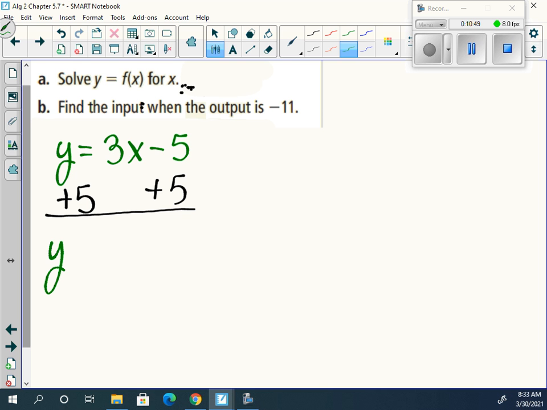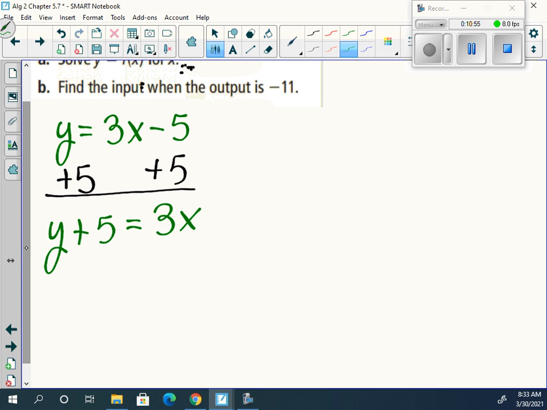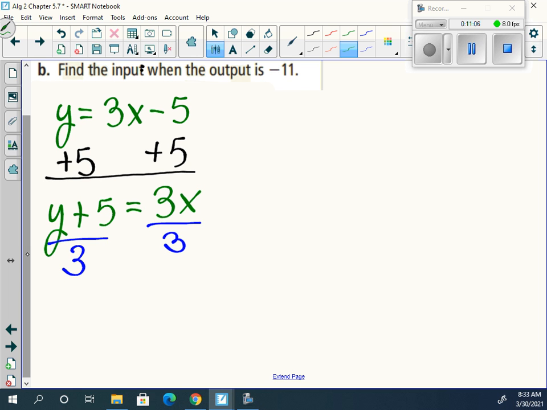Which would give us y plus 5 is equal to 3x. And then last but not least, we can divide both sides by 3, telling us x is equal to y plus 5 divided by 3.